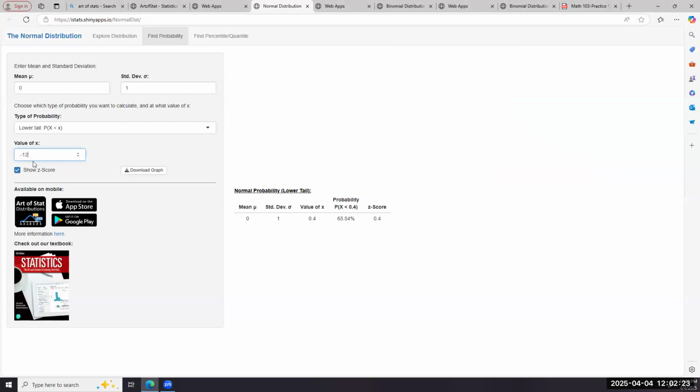So the number is negative 1.22. Okay, as you can see, this is going to be a situation that we're going to have. I probably have to refresh this one.